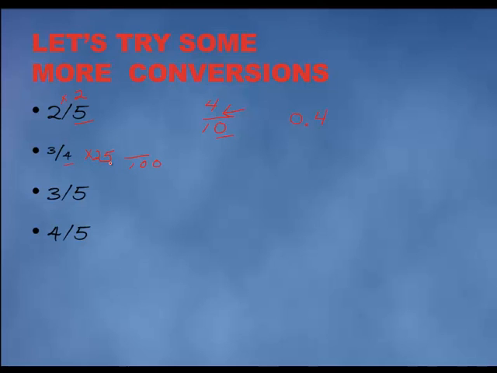So 4 times 25, we have now multiplied 3 times 25, and that equals 75. Now, to turn it into a decimal, again, I'm going to take my numerator, look at my denominator with my zeros, and I know it's in the hundredths, so it's 0.75.